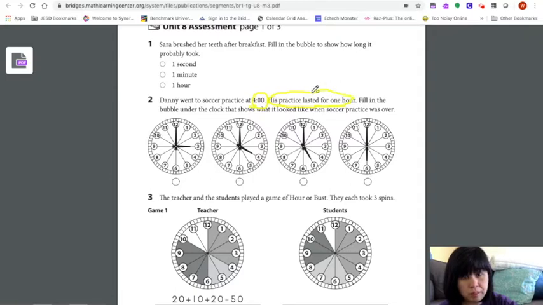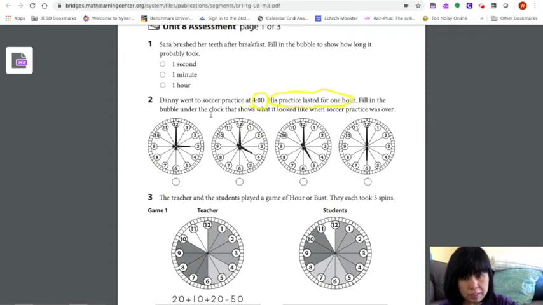Okay. So what I'm going to do now is I'm going to read it one more time. And I'm going to pay attention to what the author wants us to do with this information. What does the author want us to do with the 4 o'clock and the 1 hour? All right. So Danny went to soccer practice at 4 o'clock. His practice lasted for 1 hour. Fill in the bubble under the clock that shows what it looked like when soccer practice was over.